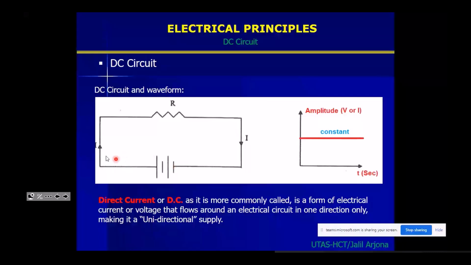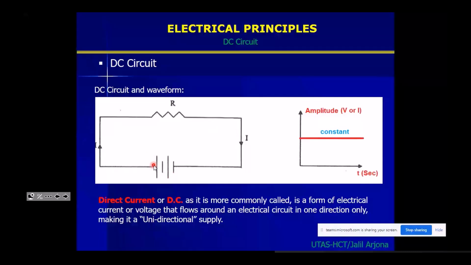In this case, the direction is clockwise, from positive to negative. If you have one direction, this circuit is classified to be a DC. Even if you reverse the battery, if you still have one direction, on the opposite side, it is still a DC.